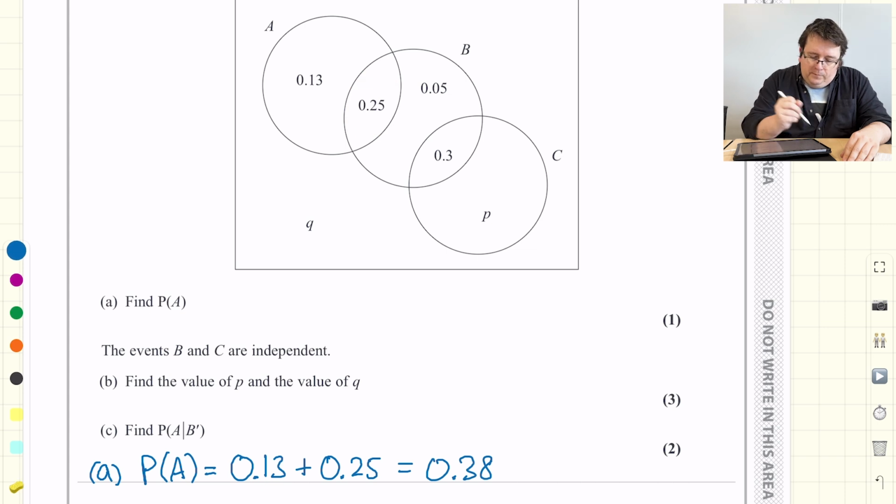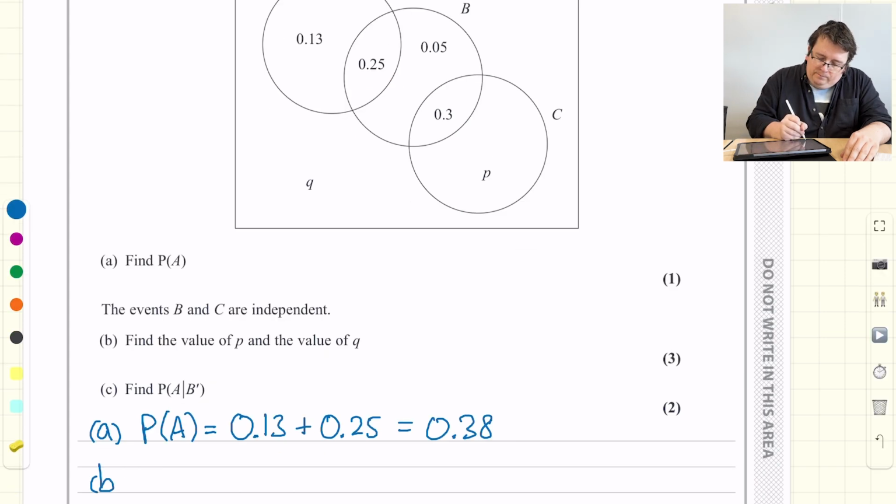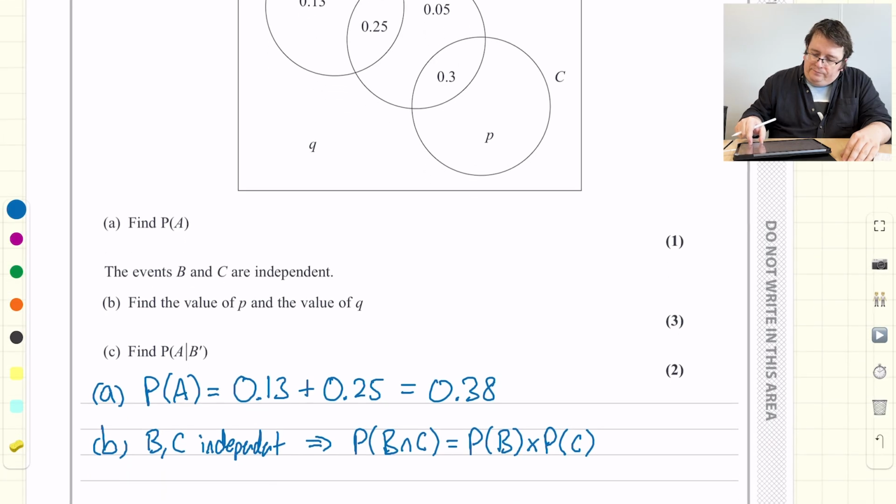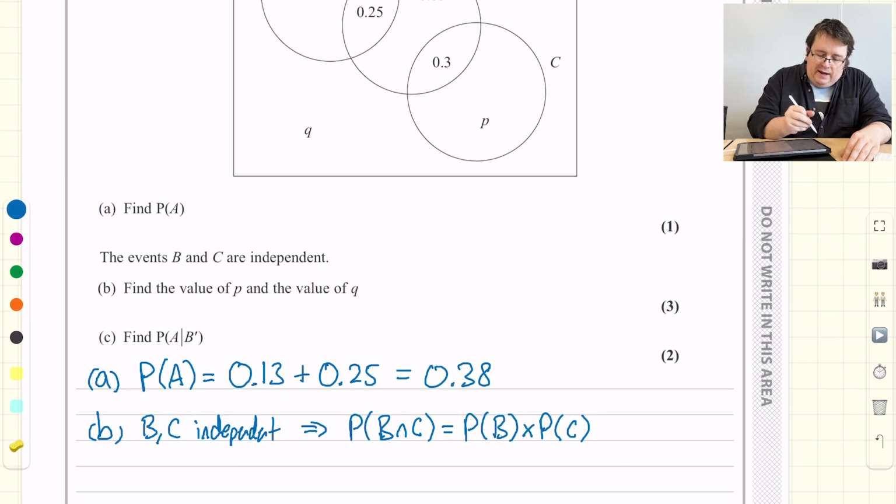Okay. So part B, the events B and C are independent. So if B and C are independent, that tells us that the intersection of B and C is equal to the product of the two probabilities. Okay, so we can use that because the intersection is 0.3.